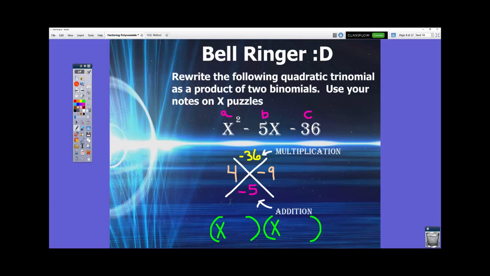Now, we're going to put one of these in each binomial down here. The order does not matter. I'm going to go ahead and put the positive 4 right here and the negative 9 right here. So the two binomials that FOIL out or multiply out to give you x squared minus 5x minus 36 are x plus 4, and x minus 9.